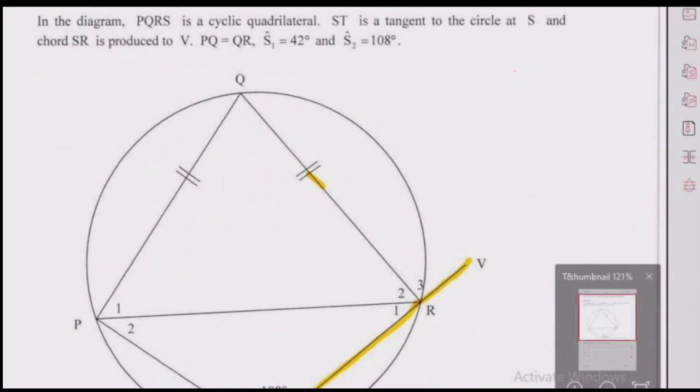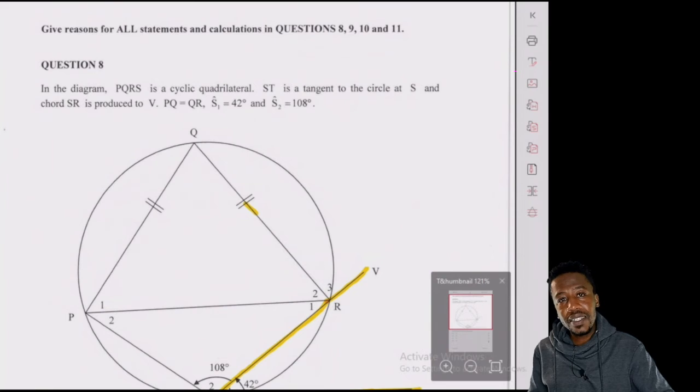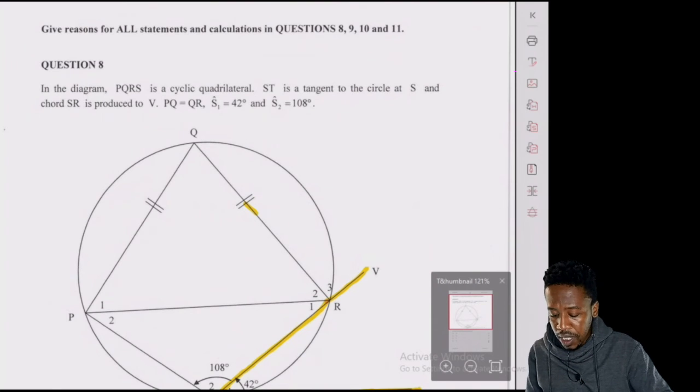Now this is very important because each and every word actually means something. It actually means a tool that you will need to solve this problem. Simply by saying SR is produced at V, it means you must have something in mind. So as we solve this, we will find out what we actually need to have in mind. And then they say PQ is equal to QR.